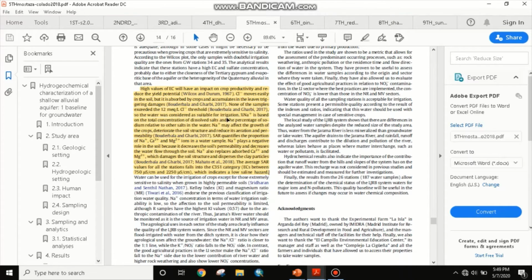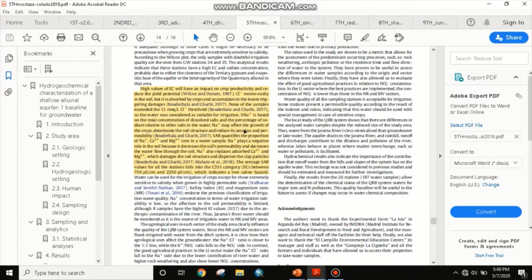So from that they have analyzed that these waters are suitable for irrigation, and the percentage of Na is based on the total concentration of dissolved salts and the percentage of sodium relative to the other salts in water. Na plus may affect the growth of crops, deteriorate the soil structure, and reduce aeration and permeability, which is common in all research papers.